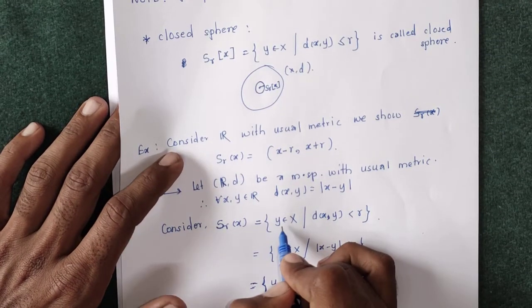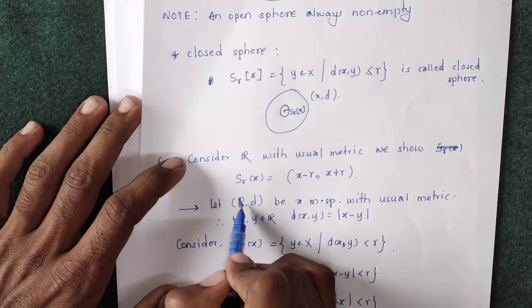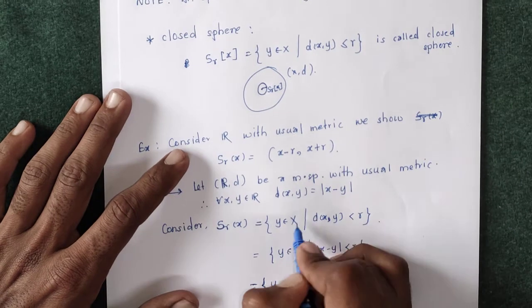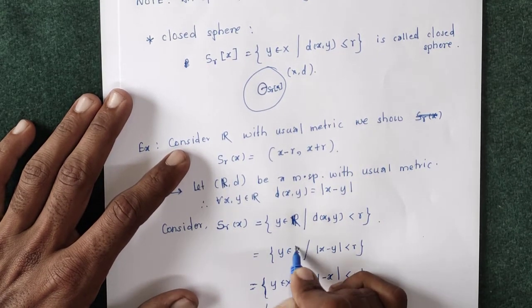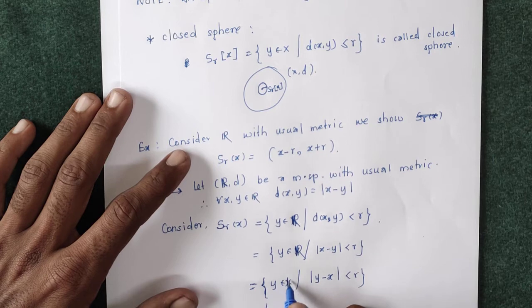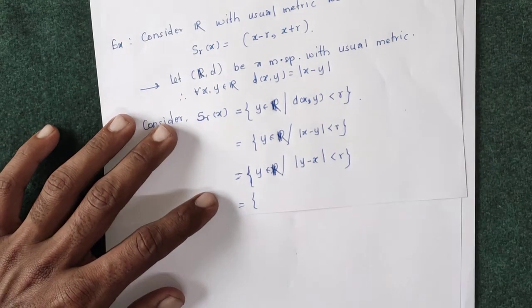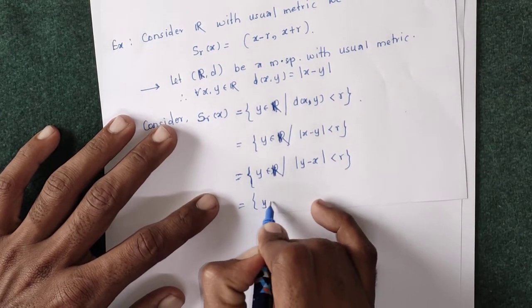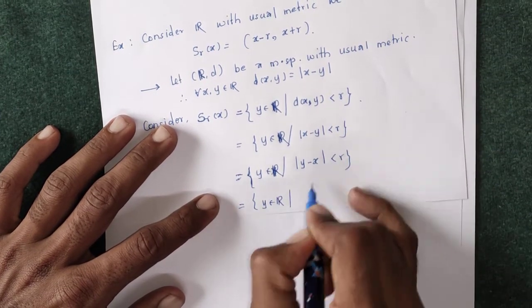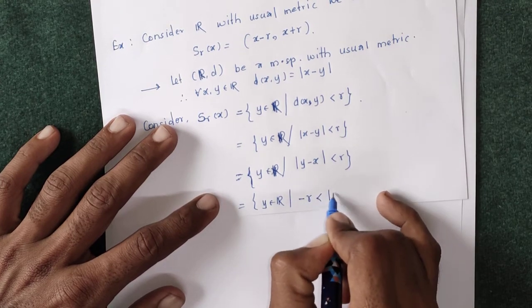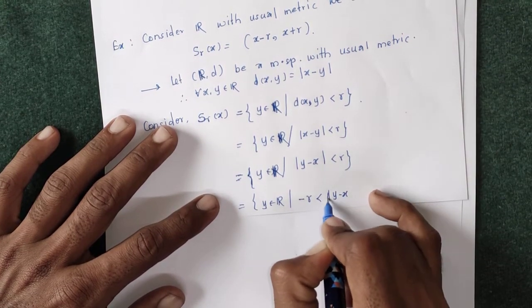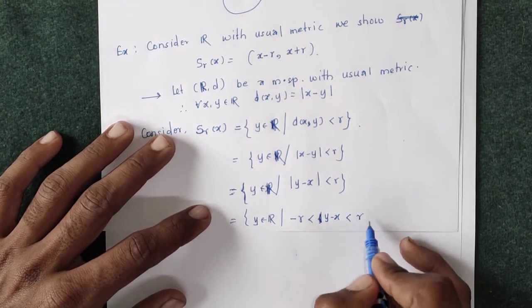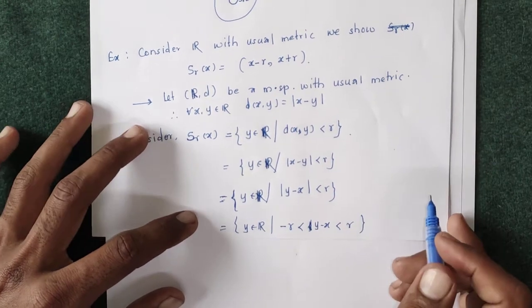So here instead of writing X, since we have given the metric space (R, d), we can write directly R. Now using the property of modulus, we can write {y belongs to R such that minus r less than y minus x less than r}.